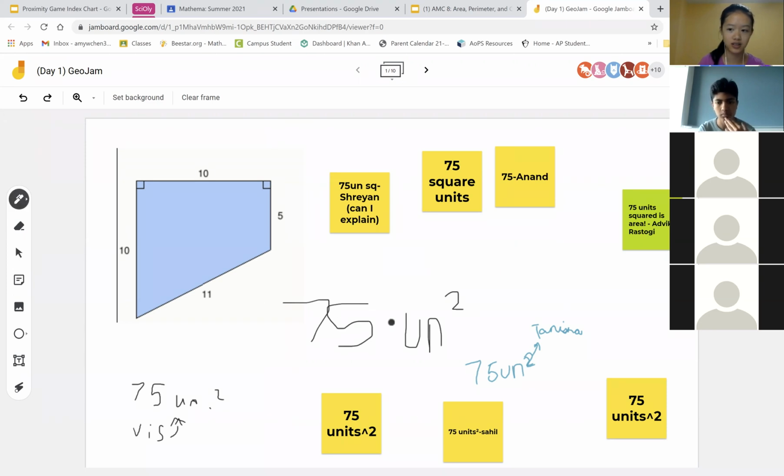Can I explain the smiley face one? Sure. We're going to start from the first one and work from there. I see Shran put, can I explain in his answer? So sure, go ahead. You can explain the first one.